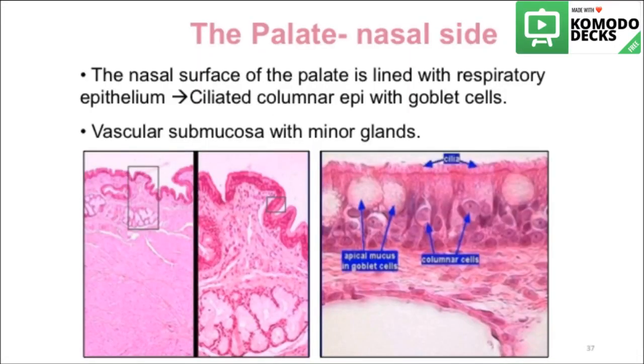The other side of the soft palate, the nasal side, has a submucosa composed of minor glands and capillaries, vascular submucosa. If we magnify more, we can see the respiratory epithelium, which are columnar cells that are ciliated, and goblet rounded cells.